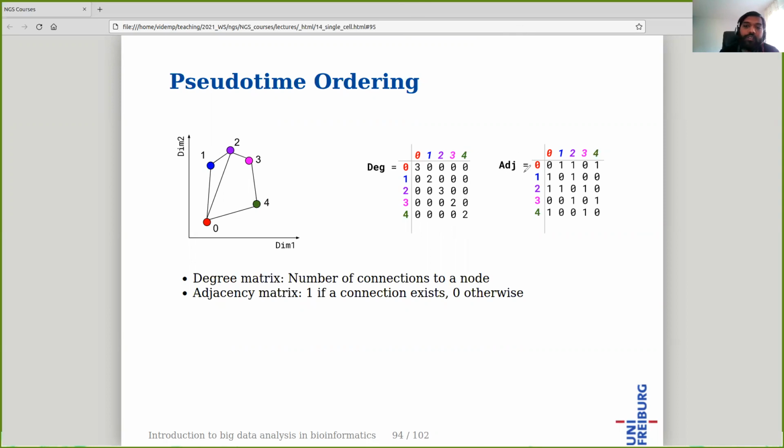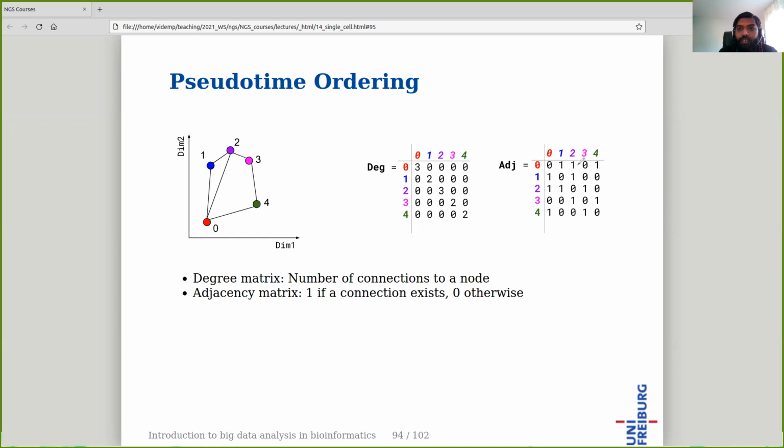Adjacency matrix, which is generated from the adjacent connected nodes to each node. For example, node 0, no, not the number of connections, but whether it is connected or not. So if there is a connection between 0 and 1, we put a 1 here.